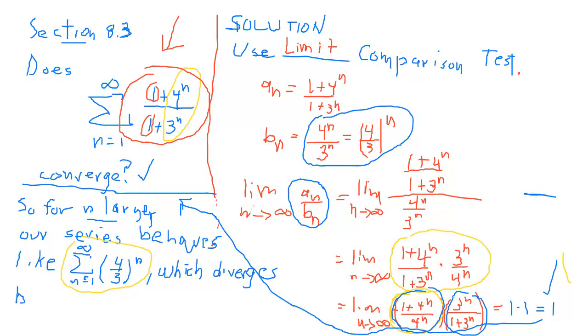Because the common ratio is 4/3, that's greater than 1. Geometric series, if the absolute value of the common ratio is greater than 1, those geometric series diverge. So therefore, that series diverges.